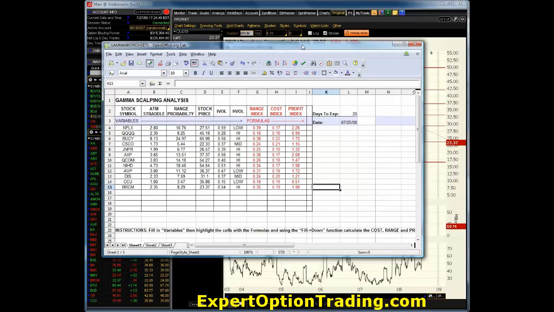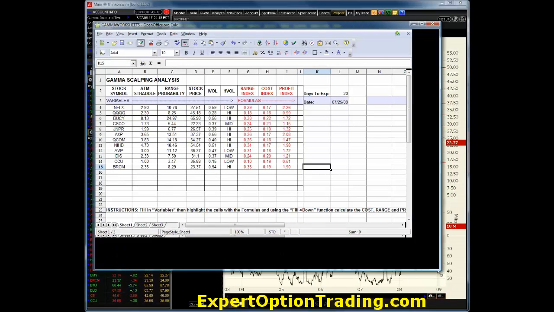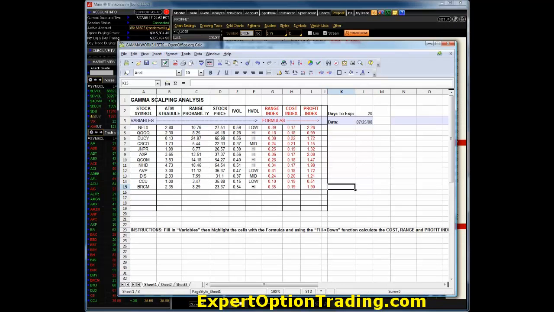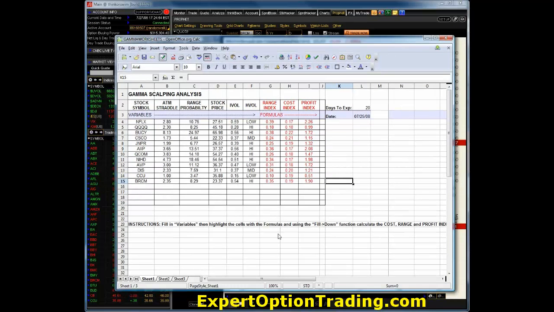Okay, now let's take a look at this a little bit closer. Now that we've done our analysis, this helps us objectify the stock that we should be using for our gamma scalping activities. Let's take a look at each one based on its profit index.